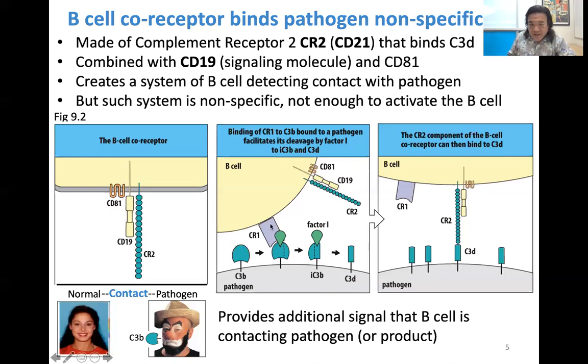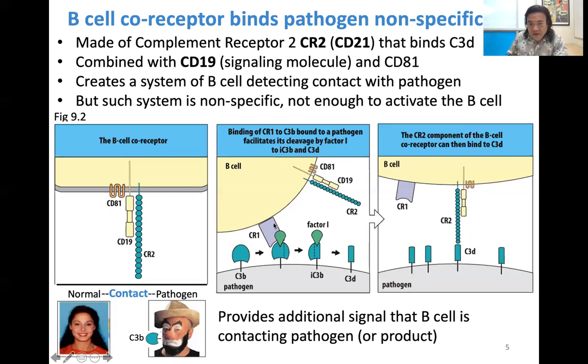So when complement receptor 1 binds to C3b, it encourages this other factor, factor I, which we learned about at the beginning of the semester as an inhibitory protein that cuts up the C3b. Normally in our body's cells, we would have factor I preventing our normal healthy body cells from being suddenly opsonized.